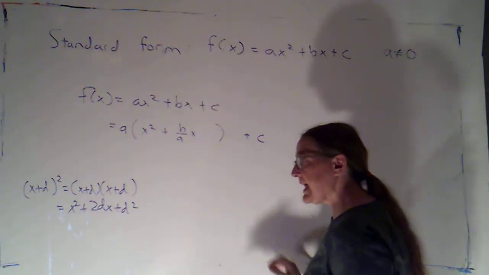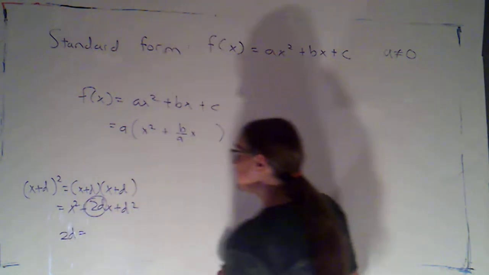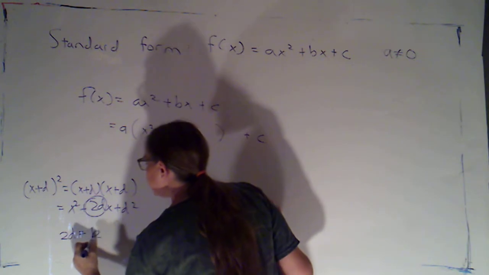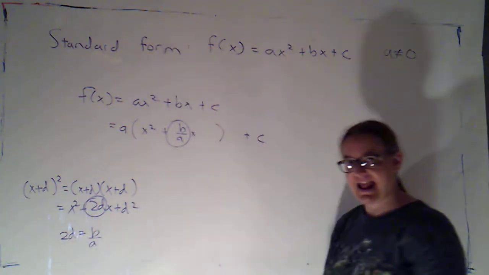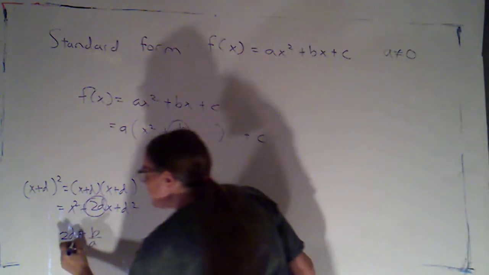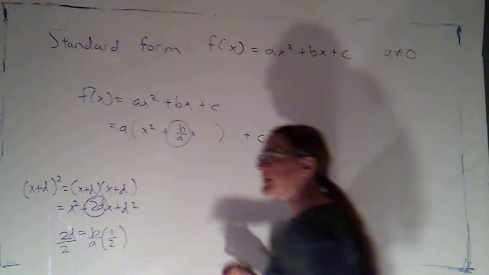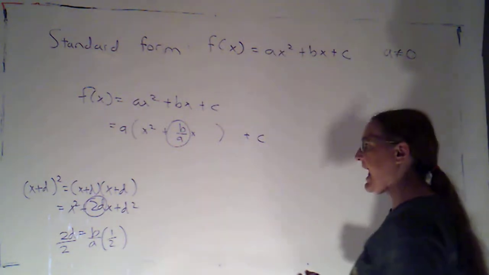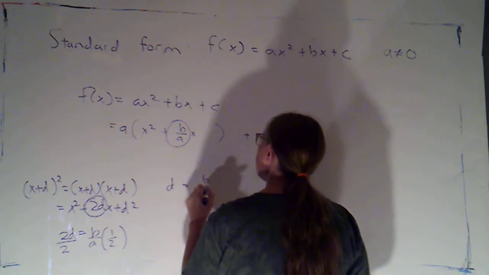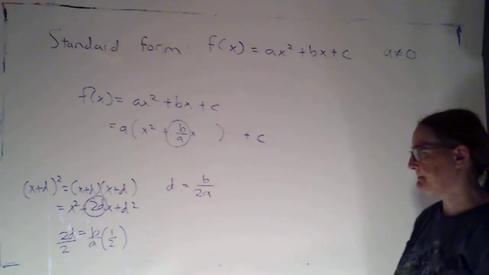If we move to the x's, the number that I want to have is 2d. The number that I do have is b over a. To solve for d, I would divide by 2. Remember, that's the same as multiplying by 1/2. So my d is going to be b over 2a.